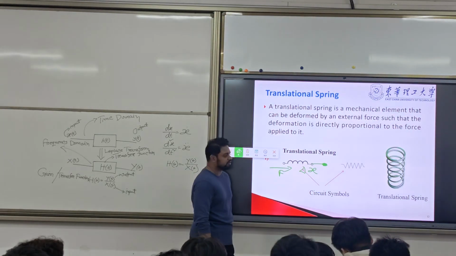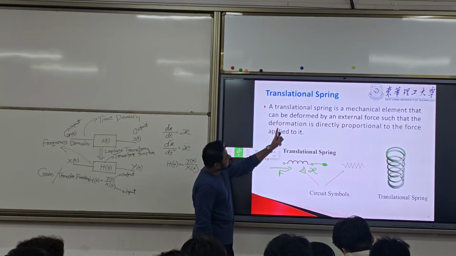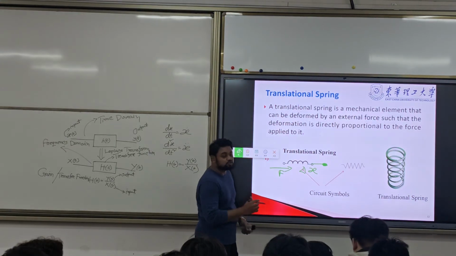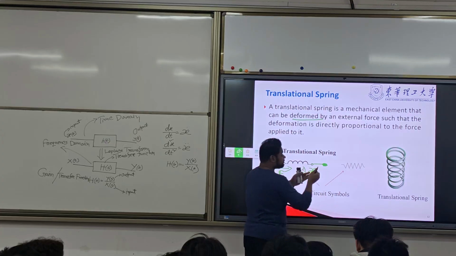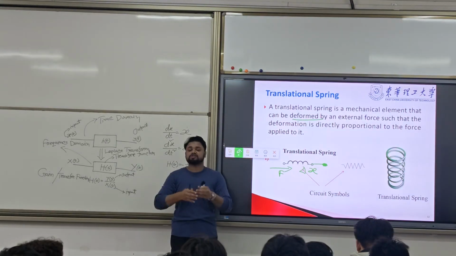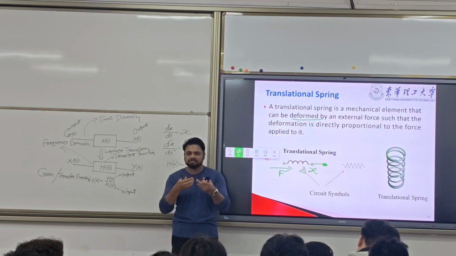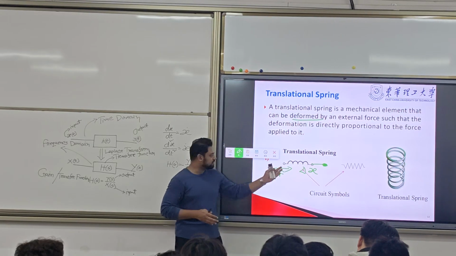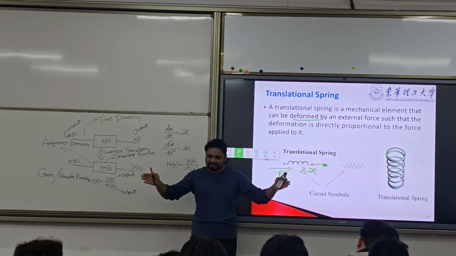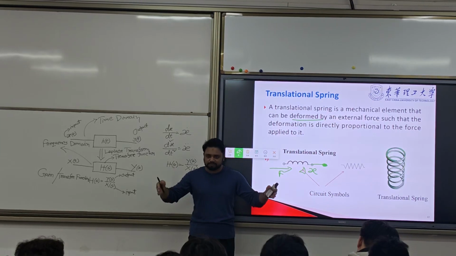I already showed you that equation. So what is actually happening here? If the mechanical element is deformed, what does that mean? Deformed means it changes its position, changes its shape. Here, this is stretching, so it is changing its shape.